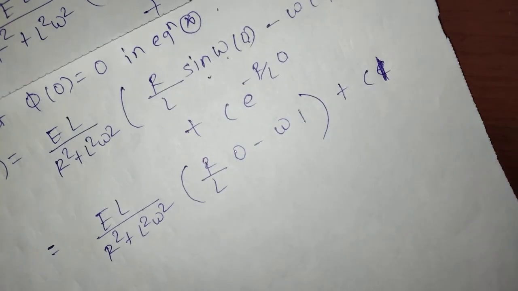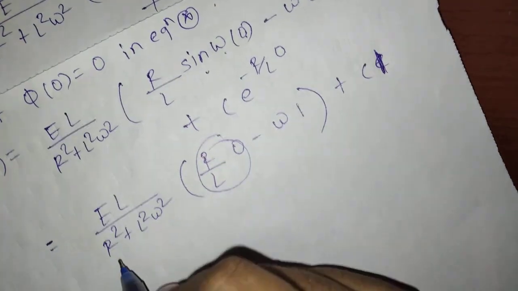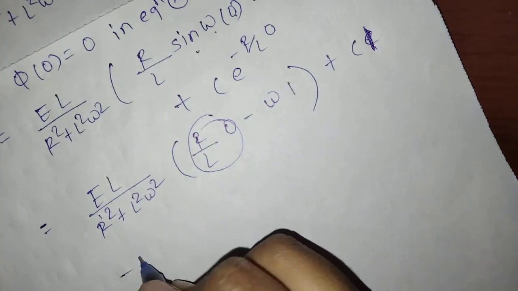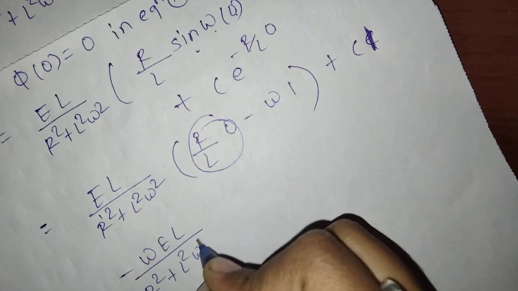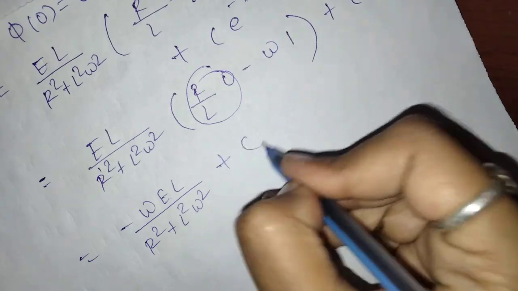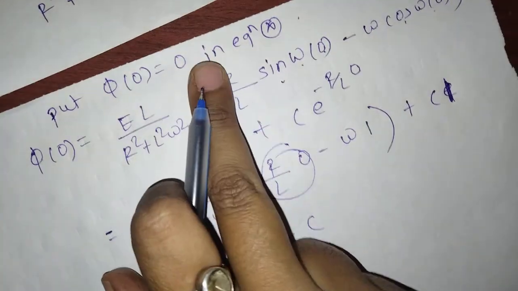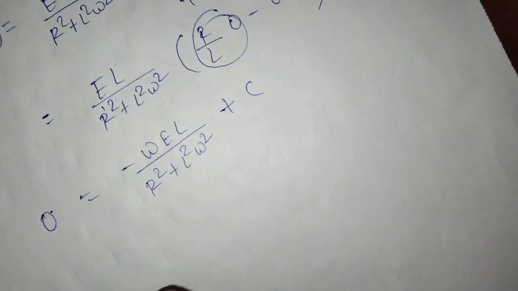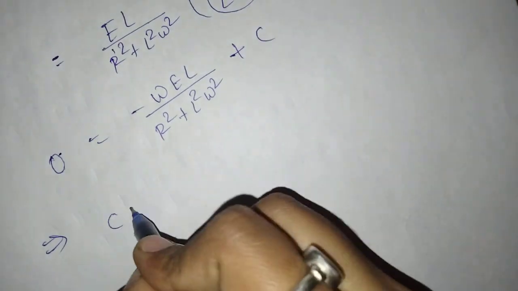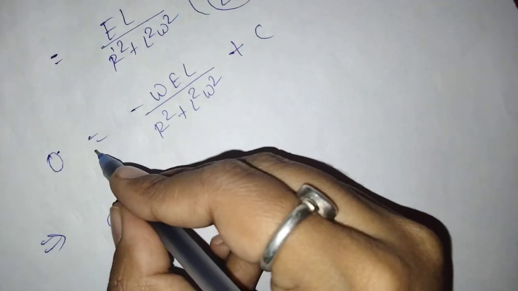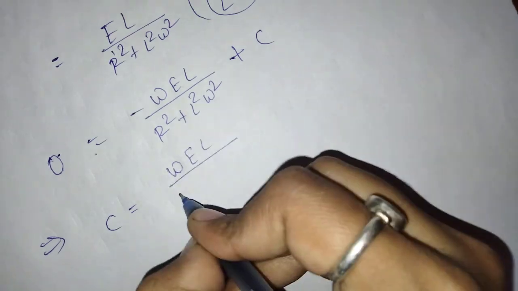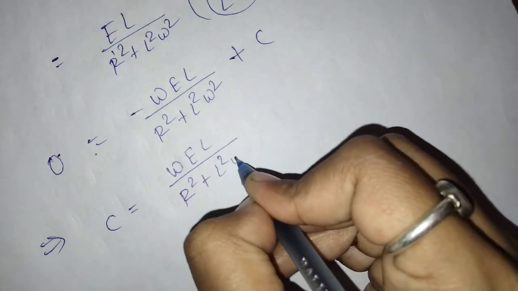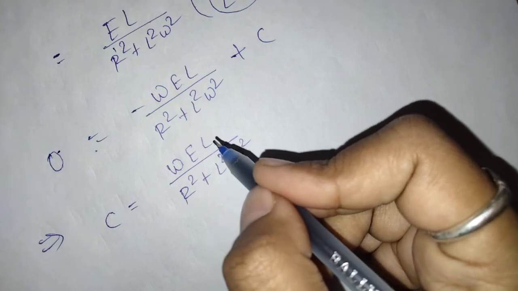Okay, so this value becomes 0. We have only minus w EL upon r square plus L square w square plus c, and phi of 0 is nothing but 0, which implies c is equal to plus WEL upon r square plus L square w square.